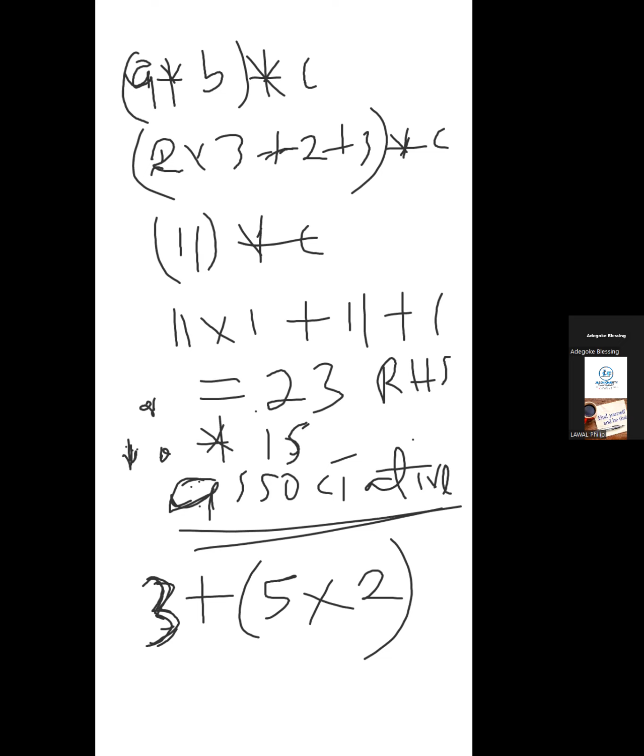But if you have something like 3 into bracket 5 plus 2, you can open the bracket, because 3 into bracket means 3 times 5 plus 2. So I can do 3 times 5 plus 3 times 2, but I cannot do 3 plus 5 times 3 plus 2. I can't do that.